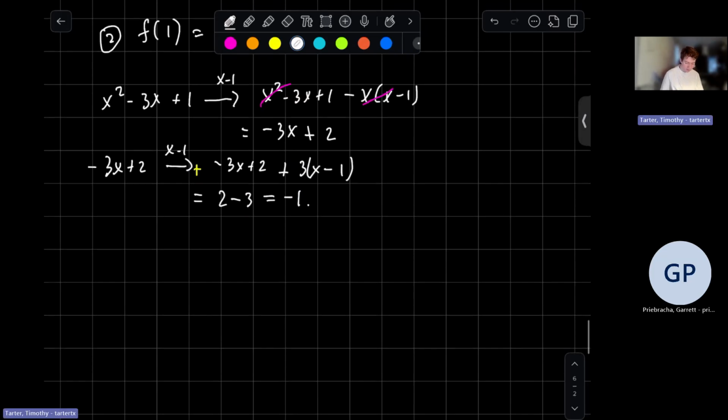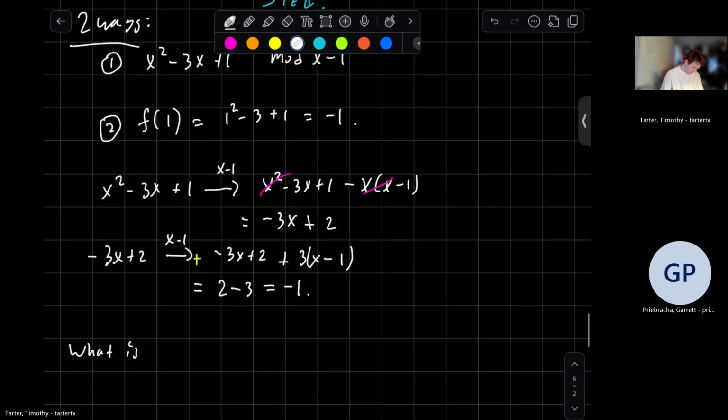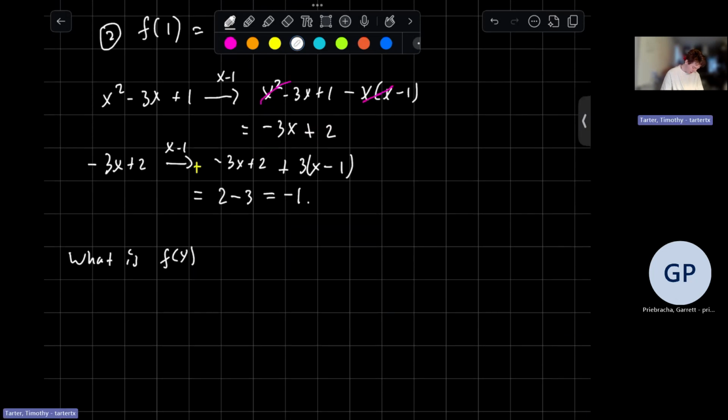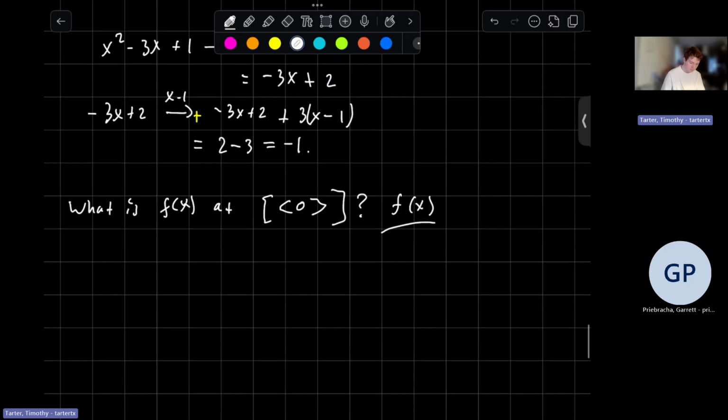So what is f of x at the zero ideal? It's actually just f of x because this is the whole affine line.